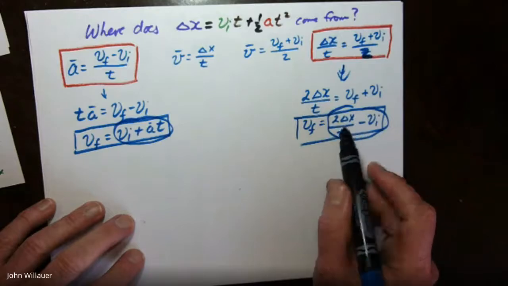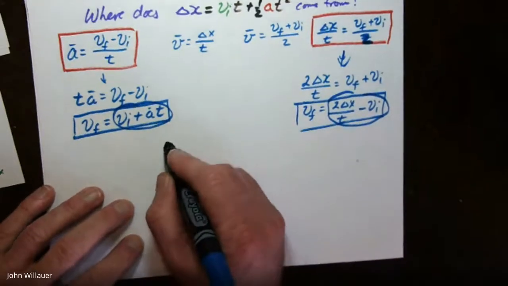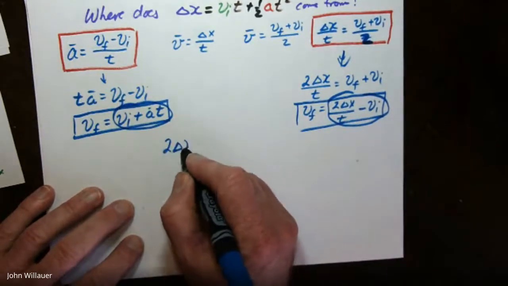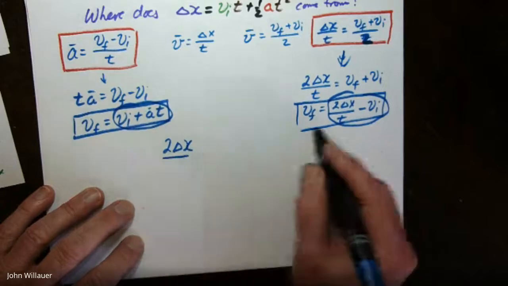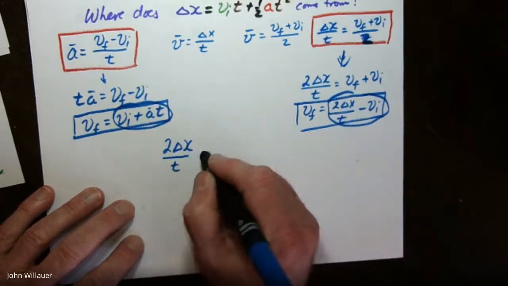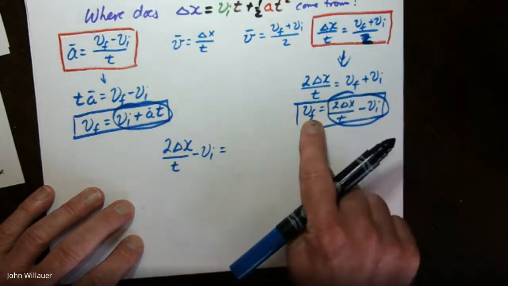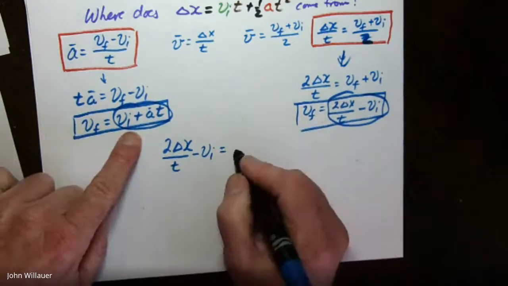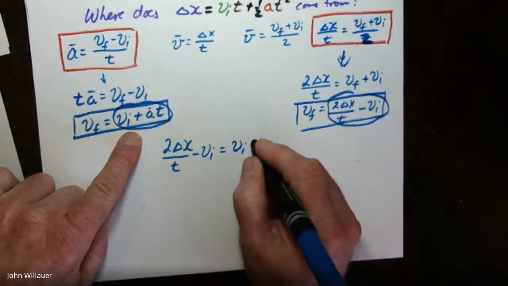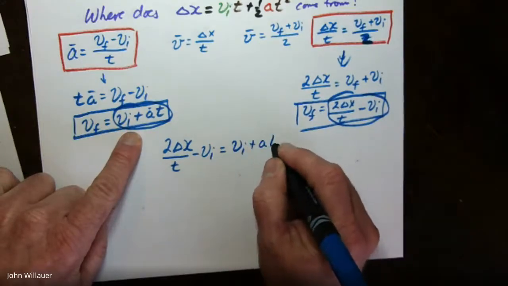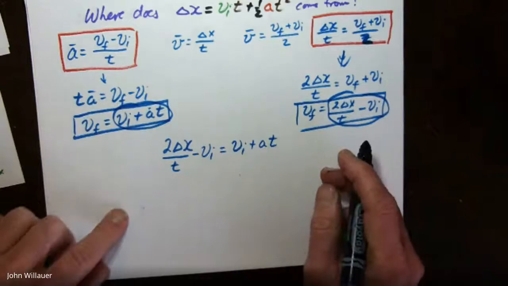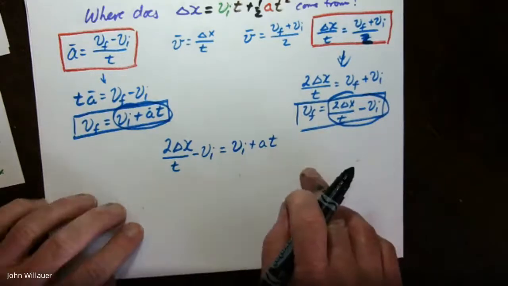So I'm going to start with this one here. I'm going to say 2 times the displacement divided by time minus VI equals, that's final velocity. Final velocity equals this, the initial velocity plus acceleration times the time.